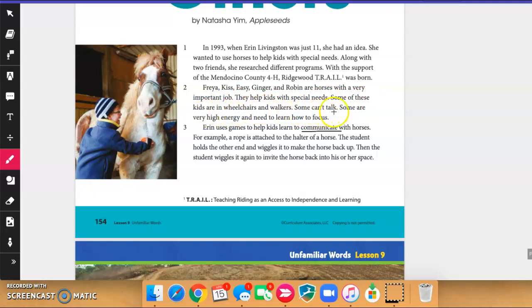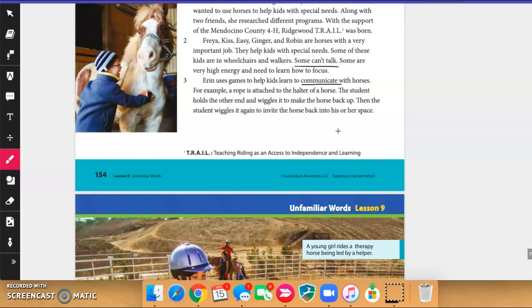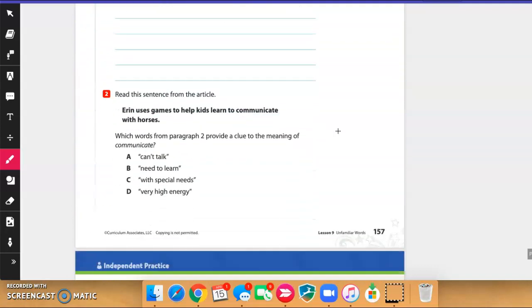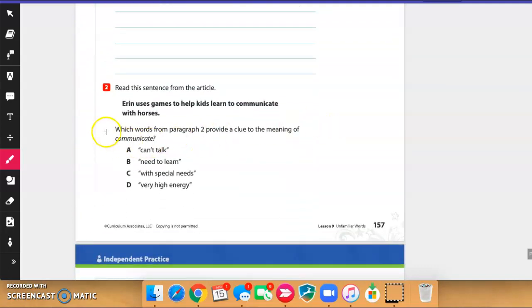Some can't talk. Some can't talk is the opposite of communicate, because communicate means to talk or be able to interact with one another. So if we go back down to number 2, you can look for the answer and circle that.